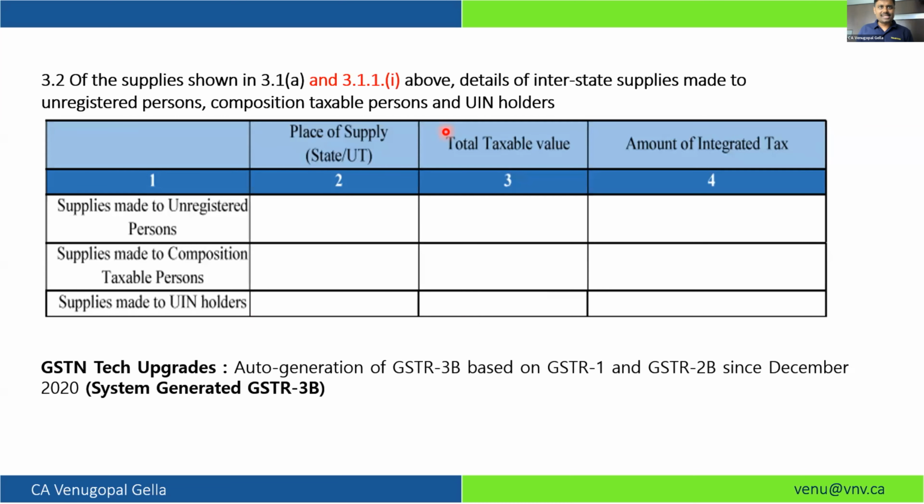Okay, just to give a summary on the outward supply, the only change the department has made to the form is this: if I am a supplier and I have no liability to pay tax and someone else has the liability, or if I am paying tax on behalf of someone, both those details have been moved to a different section, that is 3.1.1.